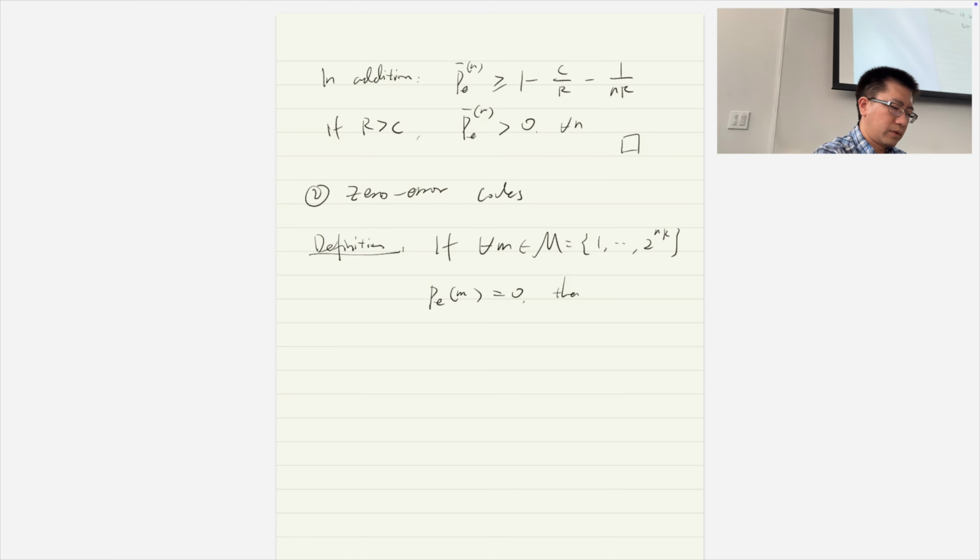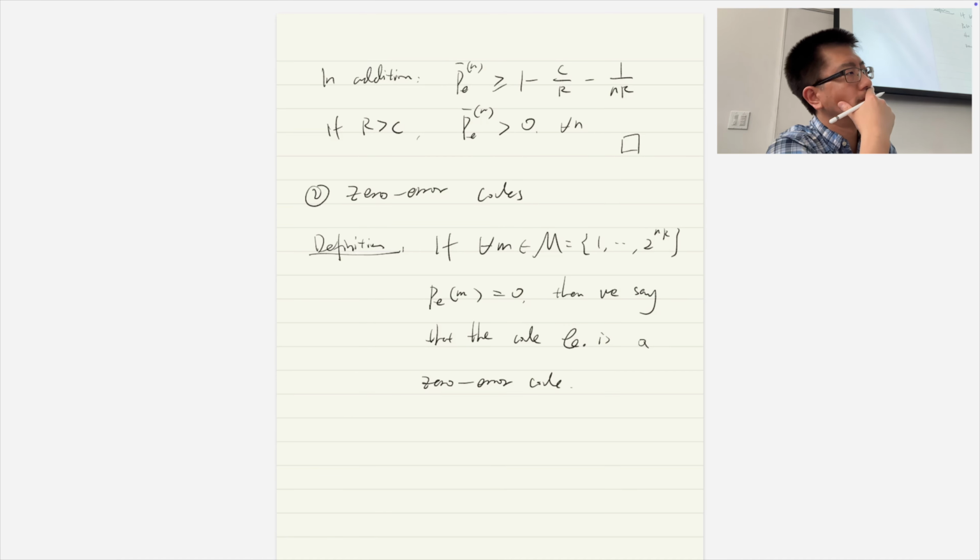Okay, and then we say that the code is a zero error code, okay? So basically, if the error is 0, then we say it's a zero error code, okay? So can you give me an example of a zero error code?